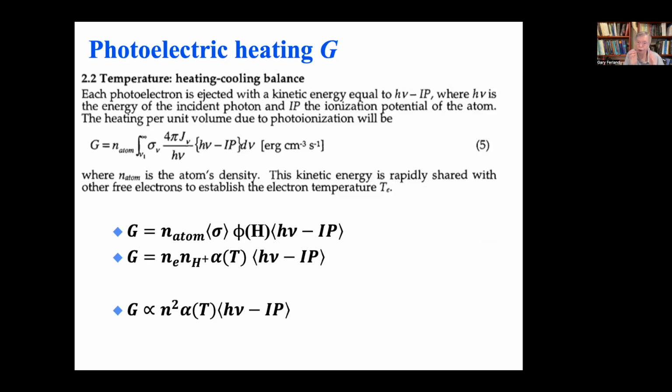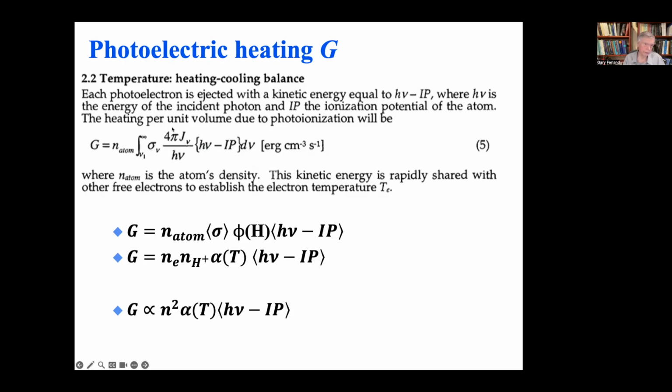Now, what we want to do is set the temperature of the gas. So we're going to talk about the heating going into the gas, the energy gains, frequently a capital G, and we're going to balance that with the energy losses from the gas. Heating equals cooling. That's how the temperature will be set. The gains, the energy per cubic centimeter per second, is the number of atoms times the photoionization rate.